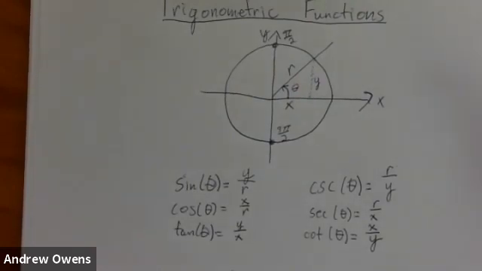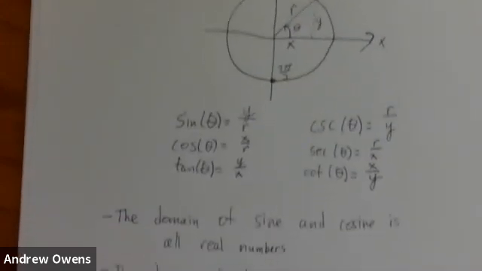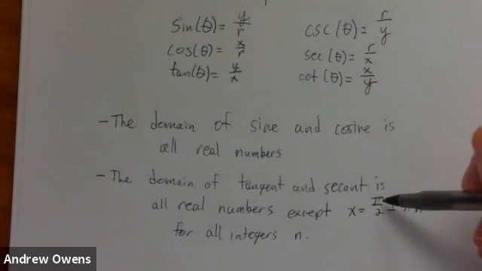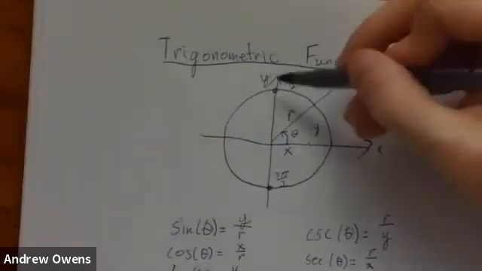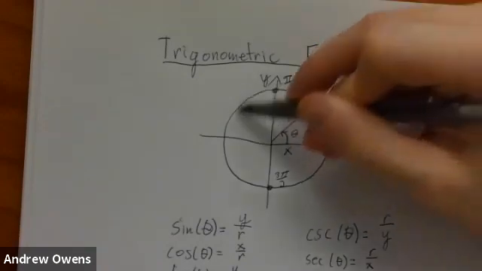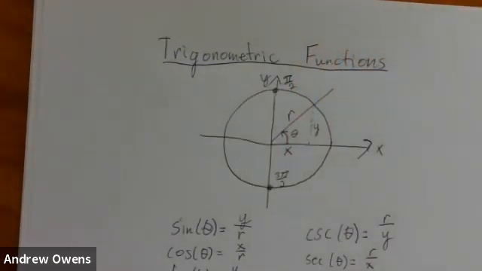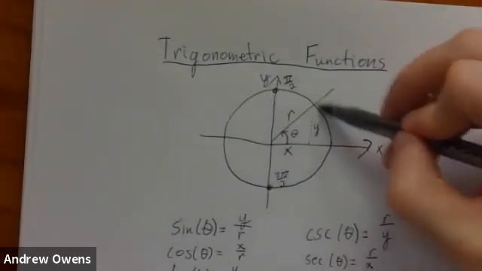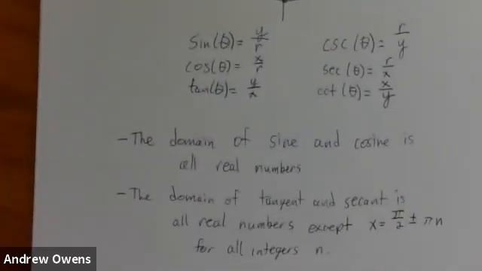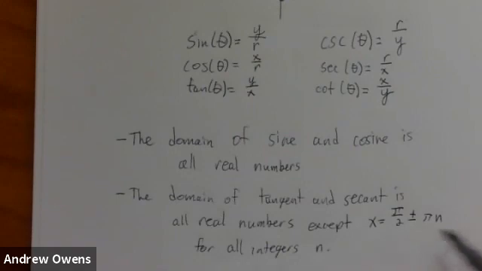So we have the values that are not allowed as pi over 2 plus or minus pi times n, right? So every time we add pi along this circle, we get a value that is not allowed again. Or we could subtract pi as well. And so that's what this says here.